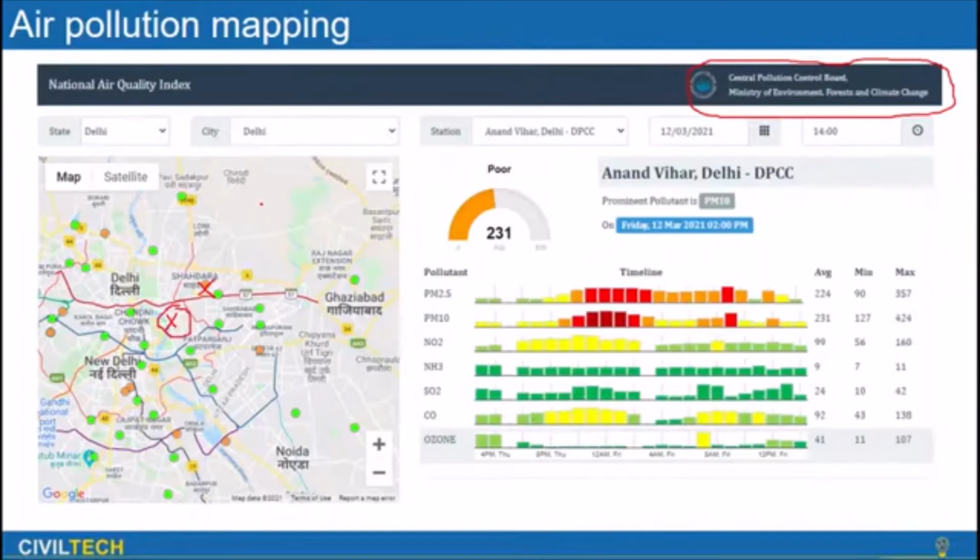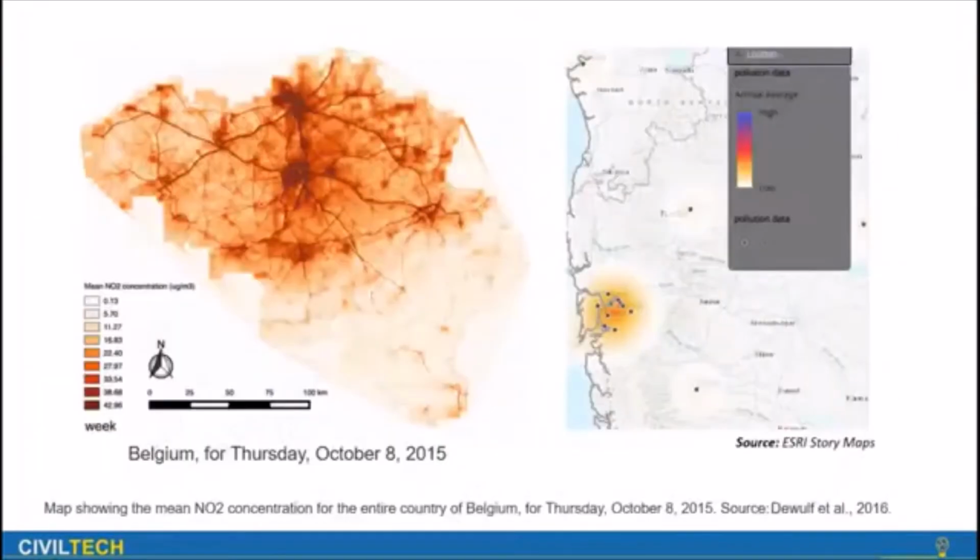Then we use spatial interpolation techniques in order to map how the air pollution is varying over the entire city. If you just know how to use the tool, that alone will not serve the purpose. You need to judge whether the output you got is a credible assessment or not.